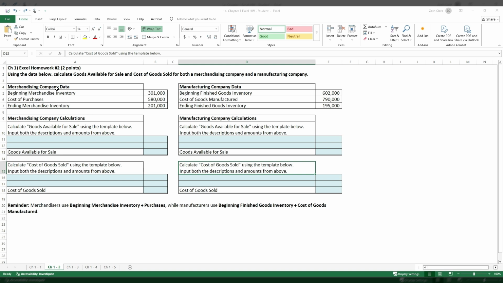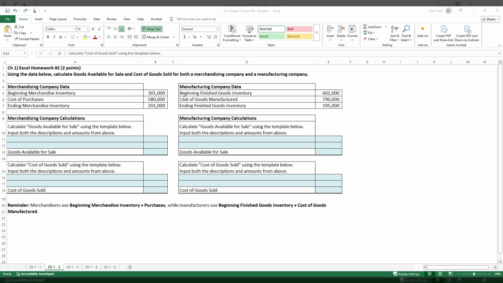Okay, so let's look real quick at the data. We've got a merchandising company, and in that instance, for the merchandiser, we have beginning merchandise inventory, cost of purchases, and ending merchandise inventory. As we talked about previously, merchandising, the process of buying products and then reselling them, is different from manufacturers who are creating the products that they're going to sell.